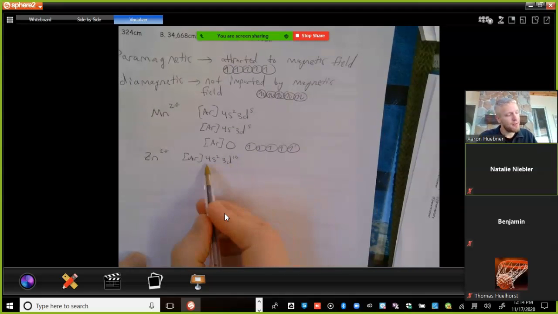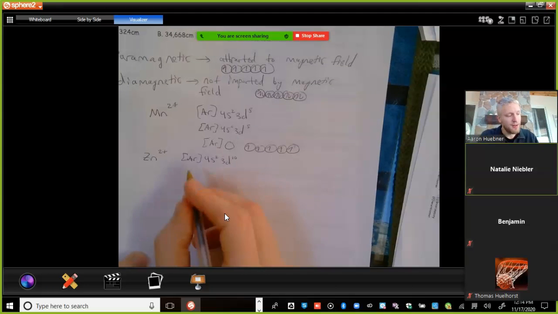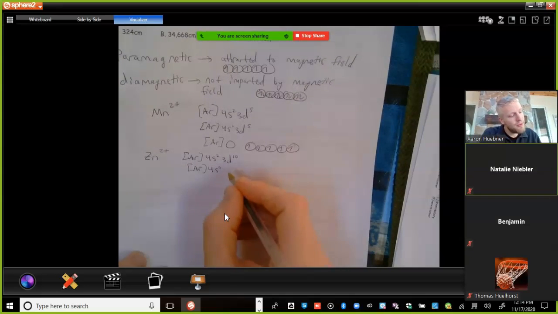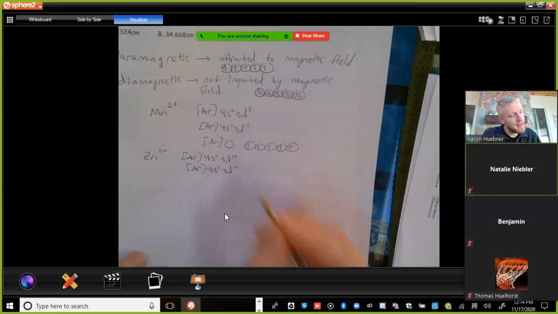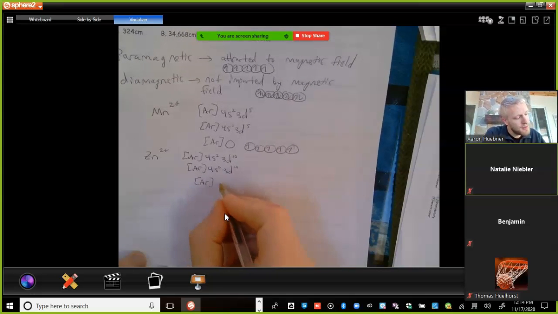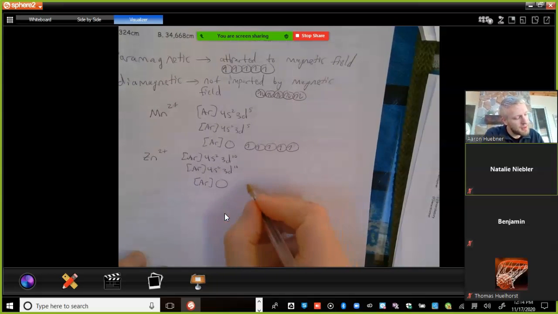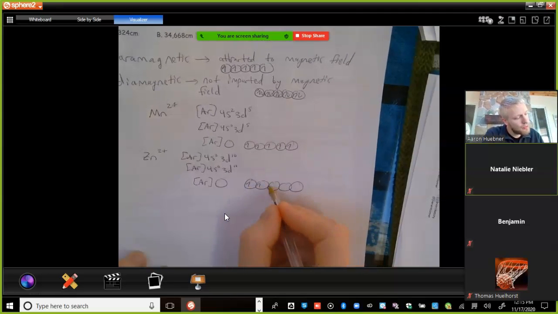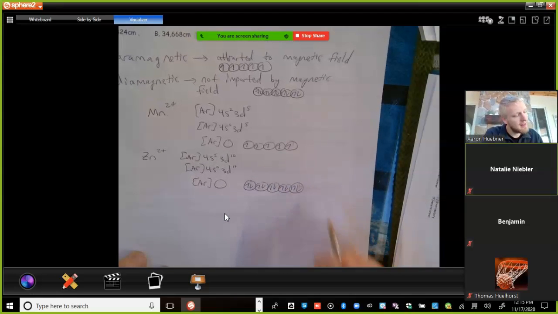Do we pull them from the 3rd or the 4th energy level? The furthest one out. So this is actually going to be argon 4s0, 3d10. And if we were to draw the orbital filling diagram, 4s0 would be empty, and we've got 1, 2, 3, 4, 5, and 1, 2, 3, 4, 5.